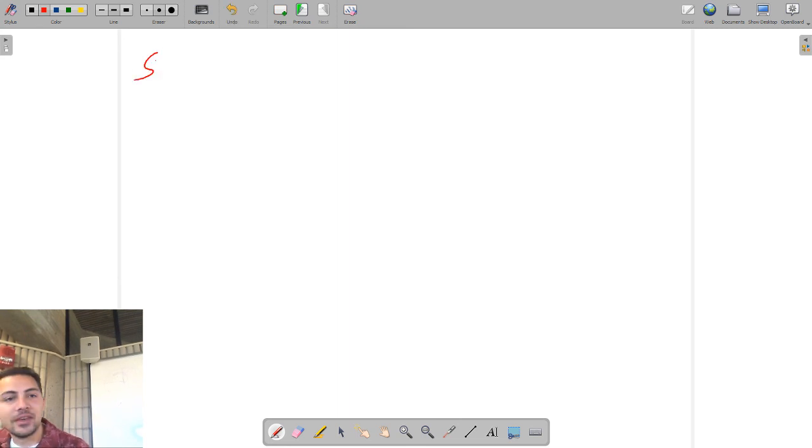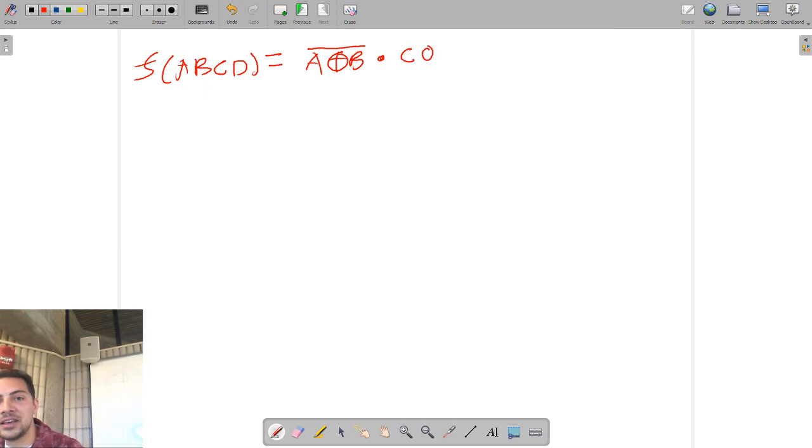18. F of A, B, C, D equals A exclusive or B, exclusive nor B, ANDed with C exclusive or D. Draw a logic diagram using only 2 input NOR gates to implement the following function.